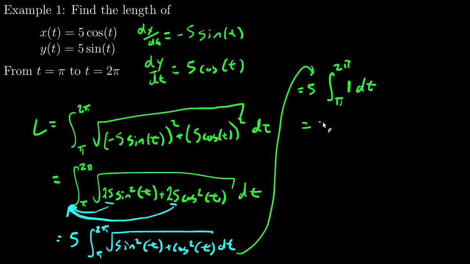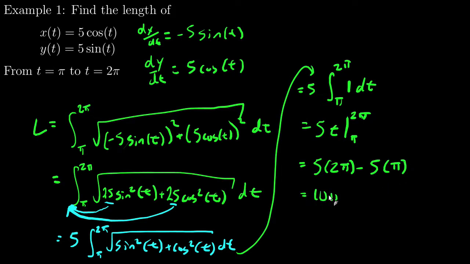The antiderivative of 1 is t, so I have 5t evaluated from pi to 2 pi using the second fundamental theorem of calculus. Put in the 2 pi, put in the pi, so I get 5 times 2 pi minus 5 times pi, which is 10 pi minus 5 pi, which is simply 5 pi.